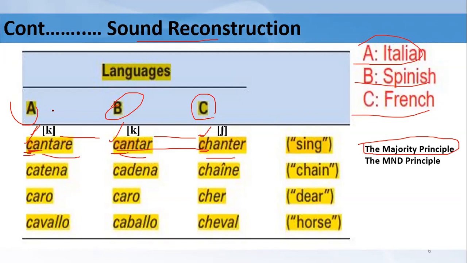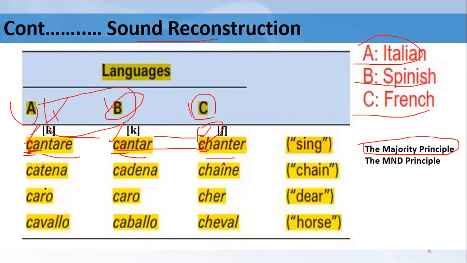So we have k1, we have got k2 again, and here we have got sh. Now, if we look at the majority principle, we have got two k sounds, like two words have got the k sound, while only one word has got the sh sound. So the majority principle says that the older form had the k sound and not the sh sound.